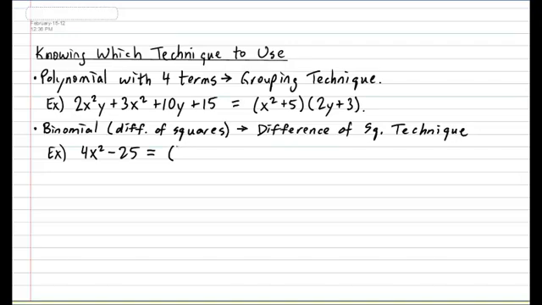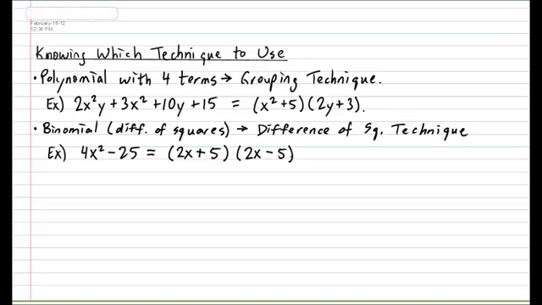It produces 2 conjugates, one being the square root of the first term, 2x, plus the square root of the second term, 5, and the second bracket, same results, except it's a subtraction. Again, a very fast technique and very convenient if the binomial happens to be a difference of squares.